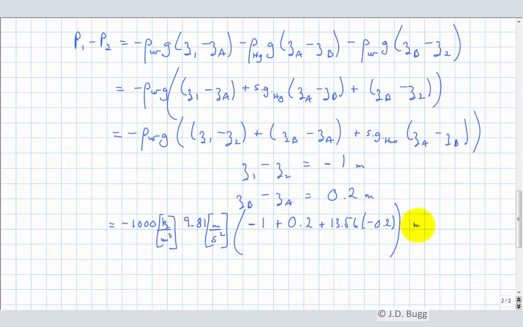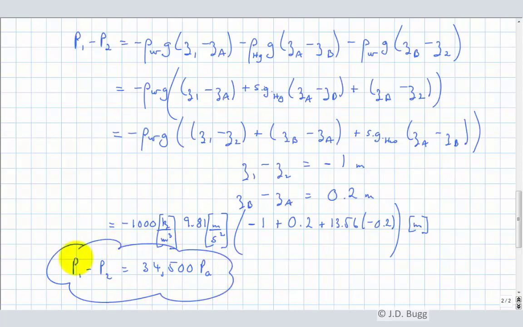And all of those elevation changes are in meters. So we calculate this out and we get our P1 minus P2, and it works out to 34,500 pascals, or 34.5 kilopascals.